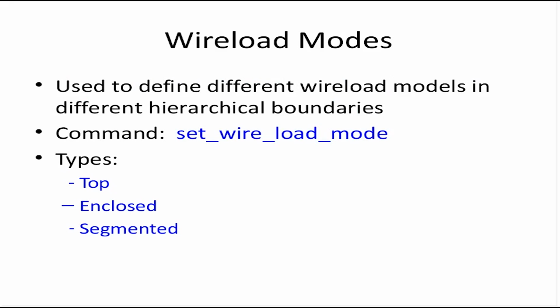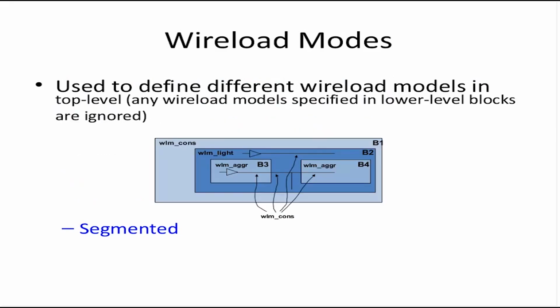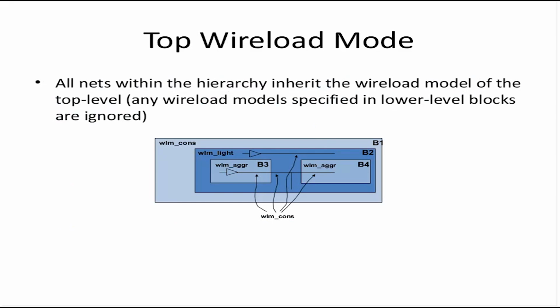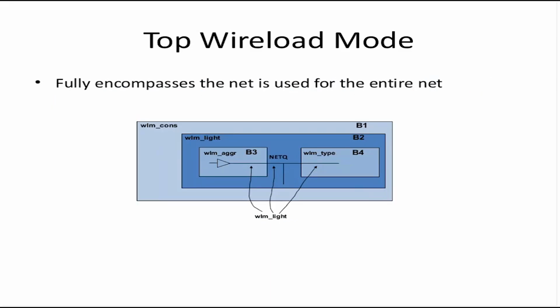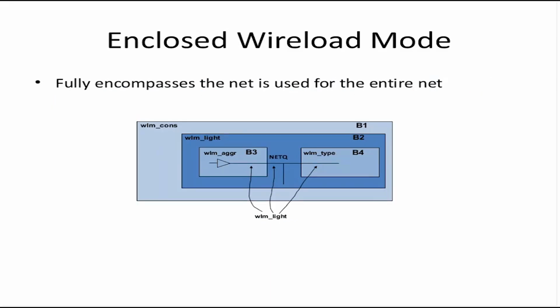We have also seen wire load modes: top, enclosed, and segmented. I'll quickly revise them. In the top wire load model, the wire load model of the top level is used for all the lower level blocks. In case of enclosed, the wire load model used is that of the design which encloses the complete net. For example, in this case, WLM light encloses this complete net, so the wire load model WLM light would be used.